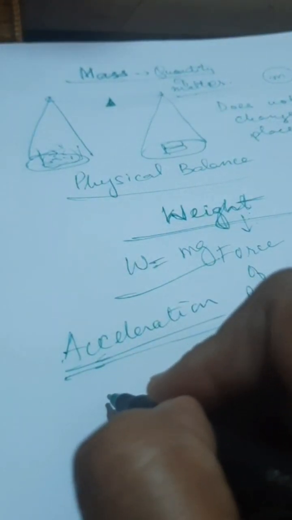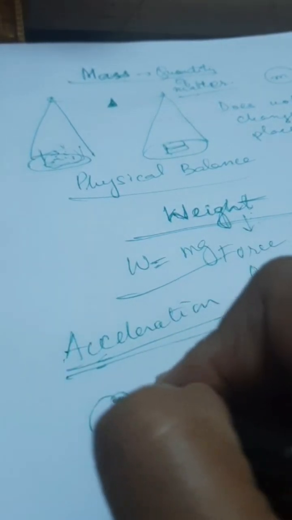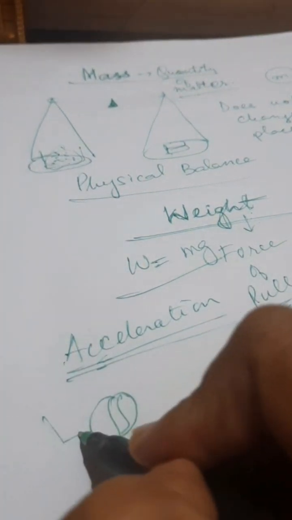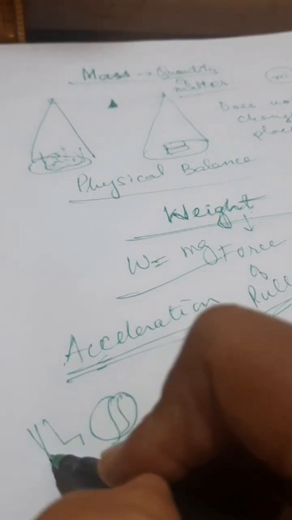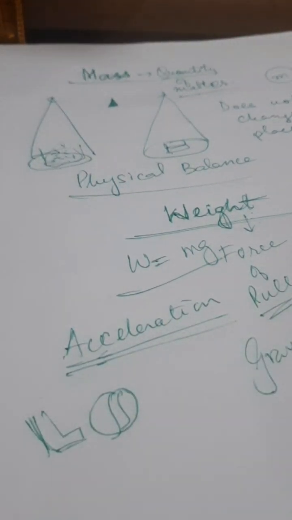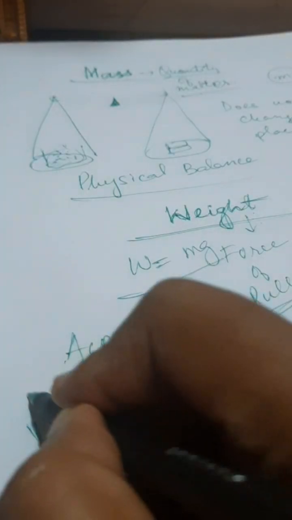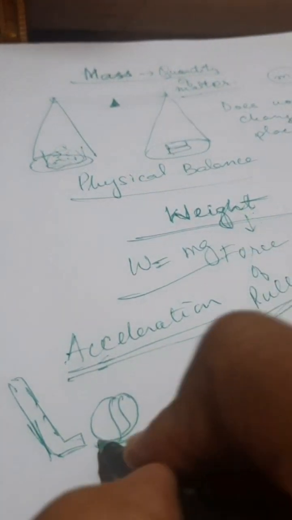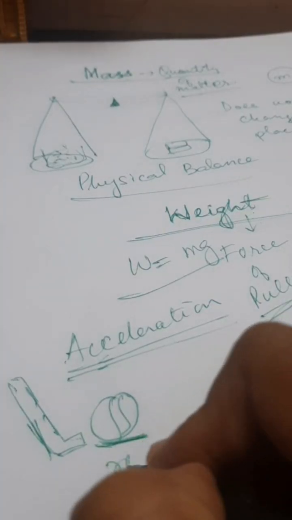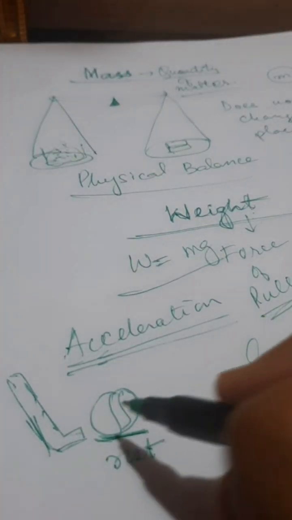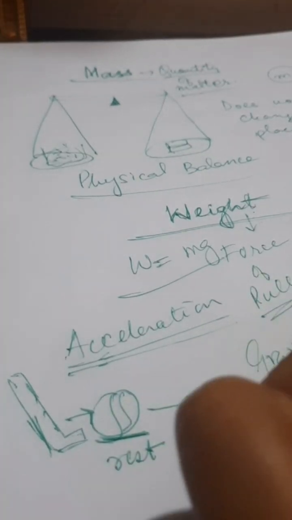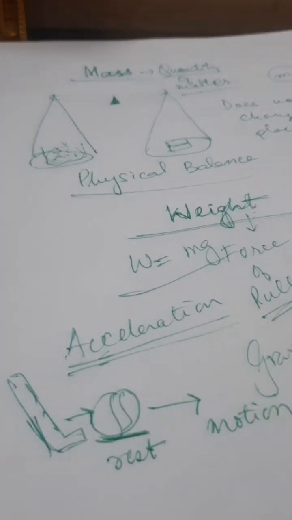Suppose you have a small ball lying on the floor and you come and you kick the ball, or you hit the ball with your hockey stick. The ball initially was at rest, but when you strike the ball with the hockey stick or some other stick, the ball comes to motion.